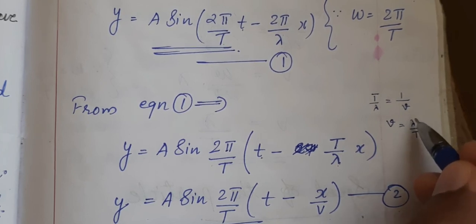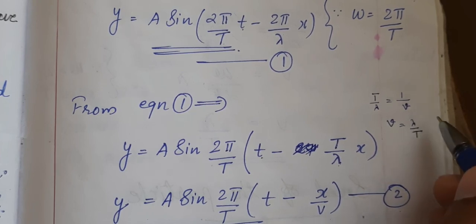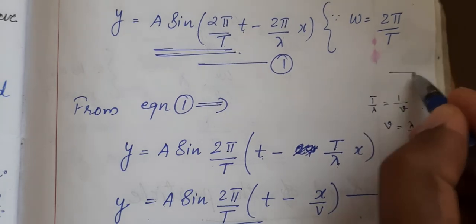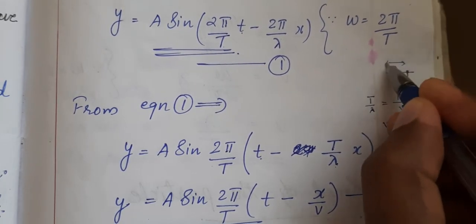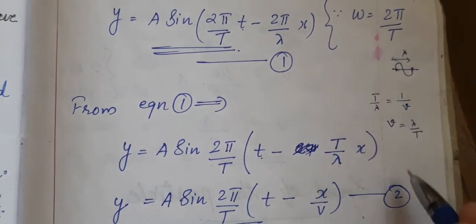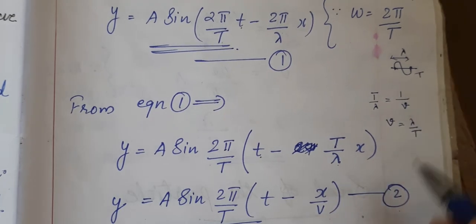So for one wave, the distance is known as wavelength, and the corresponding time is the time period. For one single wave, this distance is the wavelength lambda, and the time for one wave is called the time period, capital T.